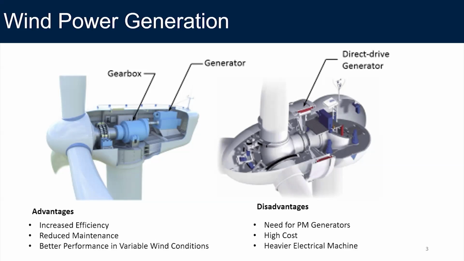So the permanent magnet generators are much more costly than an alternative geared synchronous generator or a geared wound field induction generator. The direct drive machine tends to be a little bit heavier because of the volume of magnets.